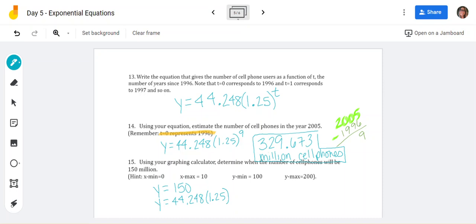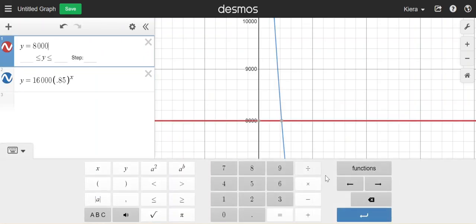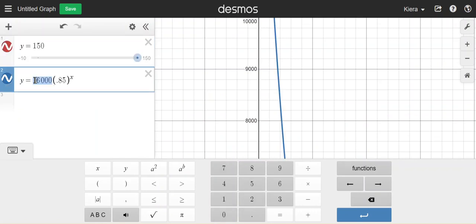Desmos won't recognize the t on the graph, so we need to put an x. So this would be 150, 44.248, growth factor of 1.25. So remember, we're up in the thousands.